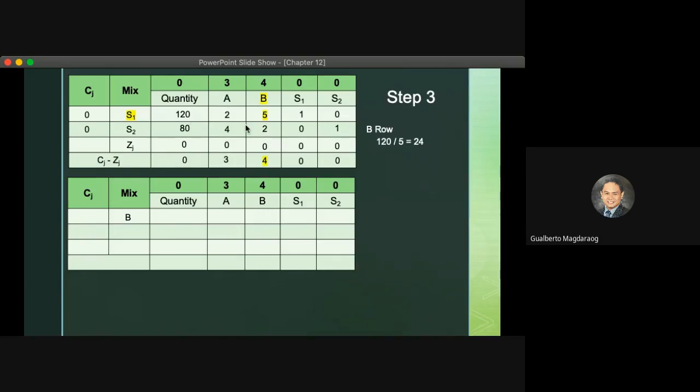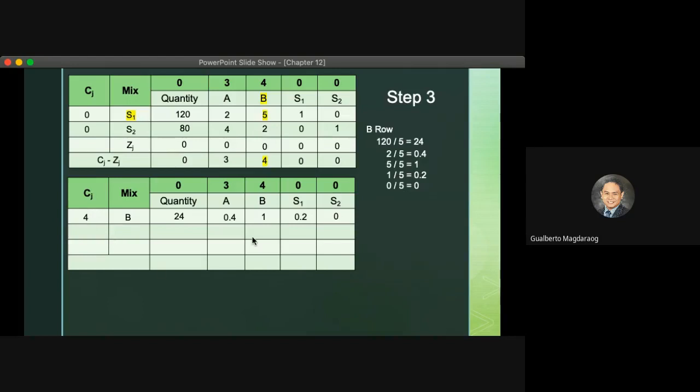You simply divide 120 by the intersecting value, which is 5. 120 divided by 5 is 24. And then you do the same for the next columns. And then you copy and paste the contribution margin of B, which is 4. So you put it also under the contribution margin column 4.